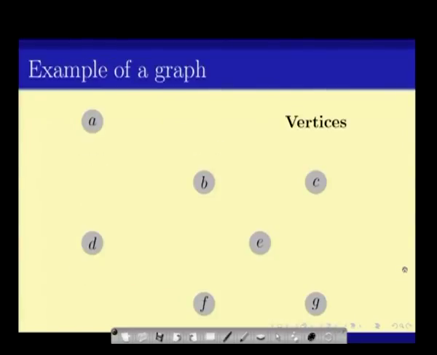For example, here is a graph. A graph is usually represented in pictorial form. The vertices are represented as circles, and the edges, which are pairs of vertices, are represented by a line joining these two nodes.